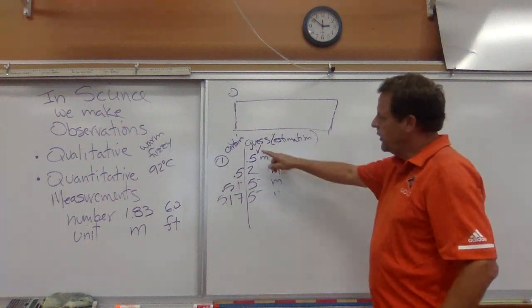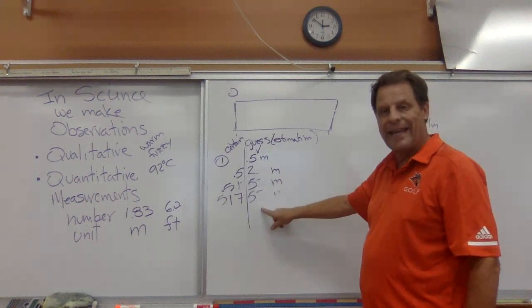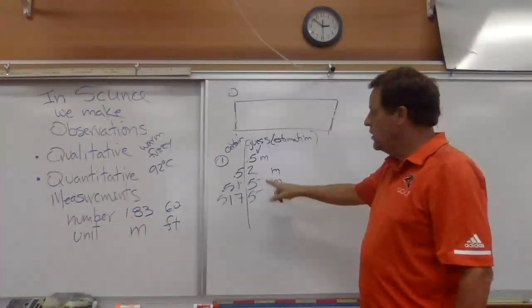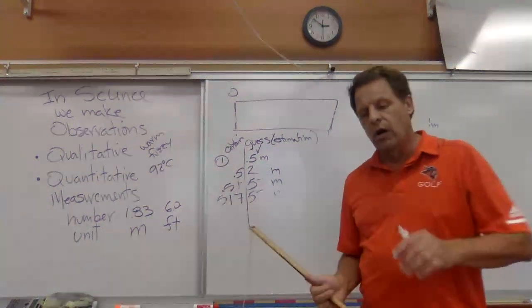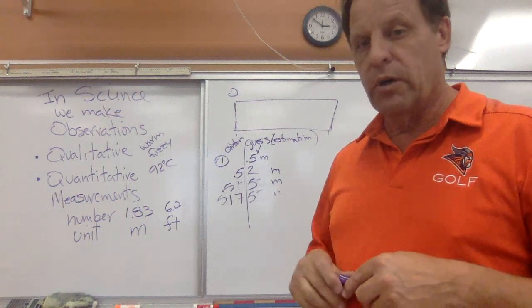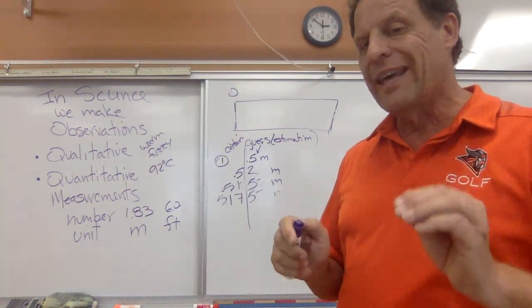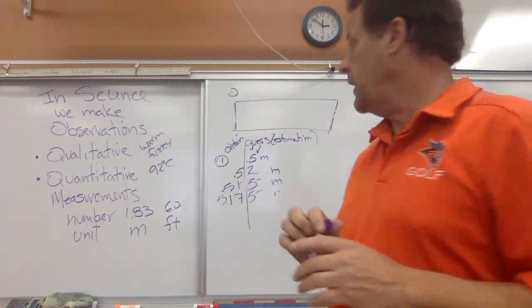Now, I want to point out that in every one of these measurements, even the first one, we had a guess. And in these other ones, we also had these certain figures. Because we are good at estimating between marks, even though it's a guess or uncertain, they all count.